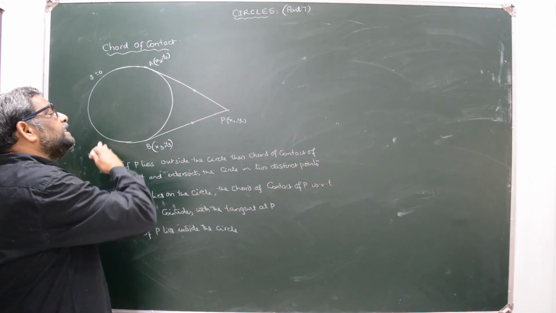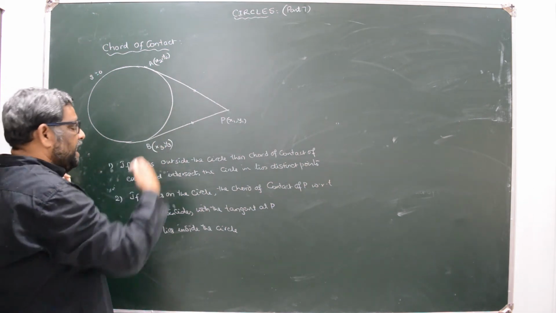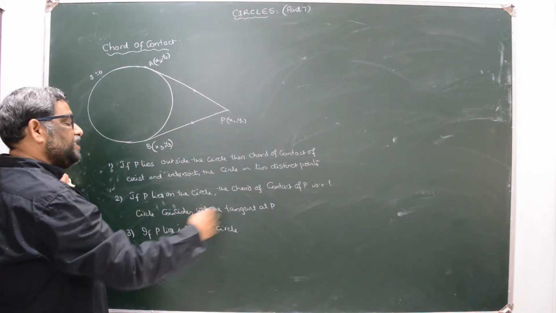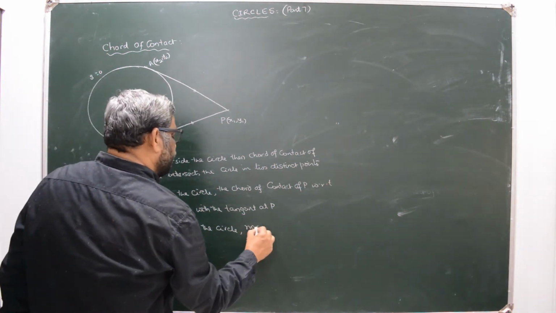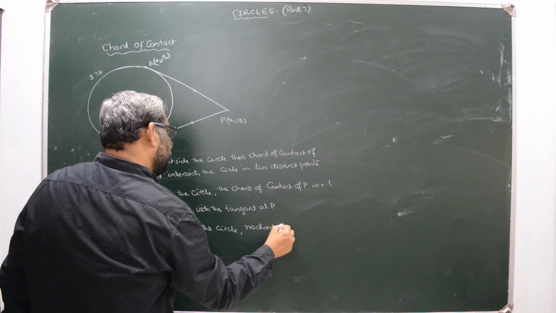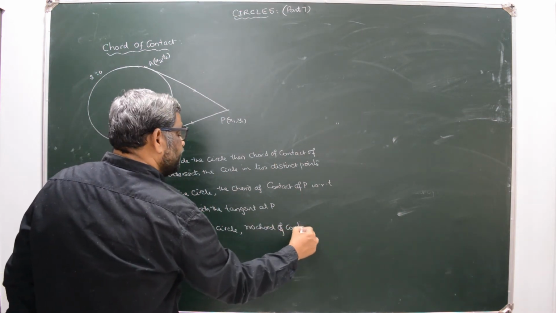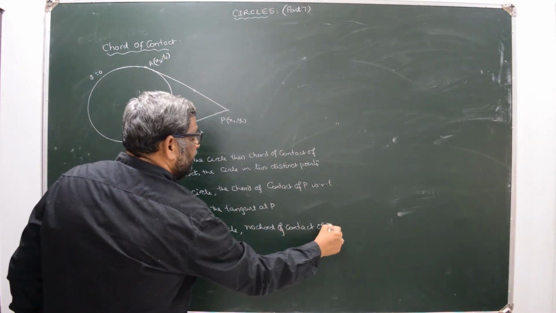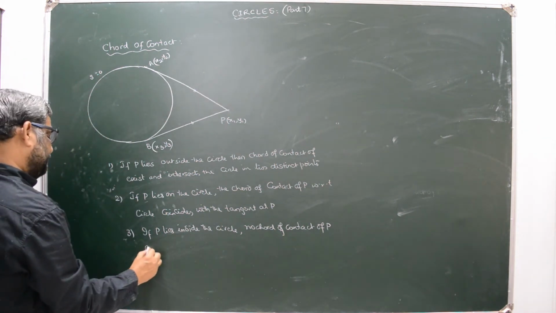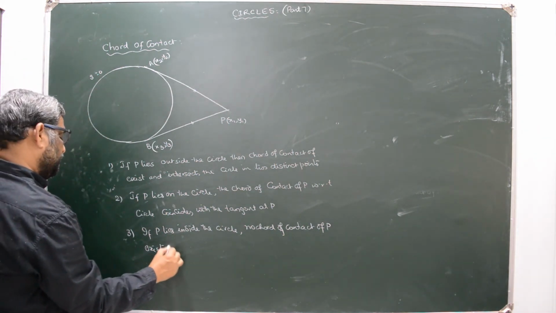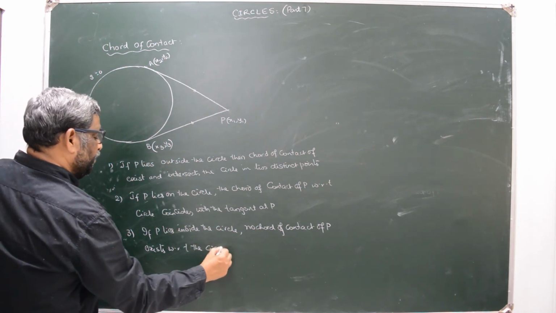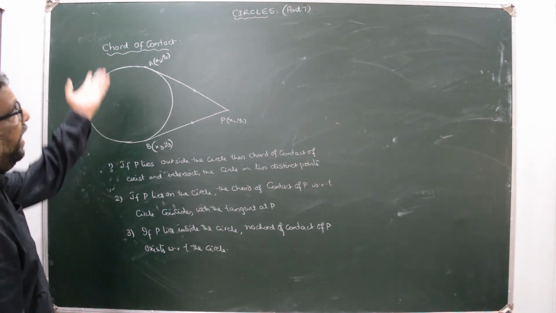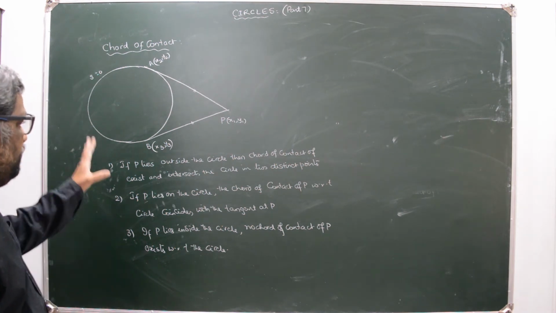If the point is on the circle, the two tangents will coincide with the tangent at P. If P lies inside the circle, no chord of contact of P exists with respect to the circle. So these are the findings of this theorem. So this is one theorem.